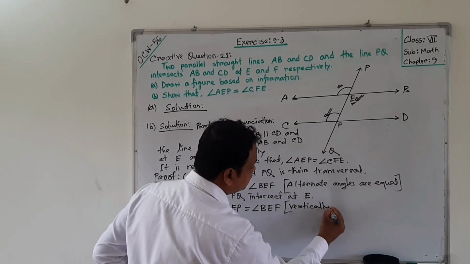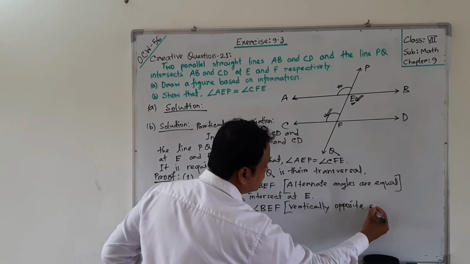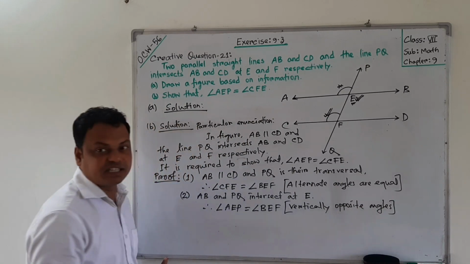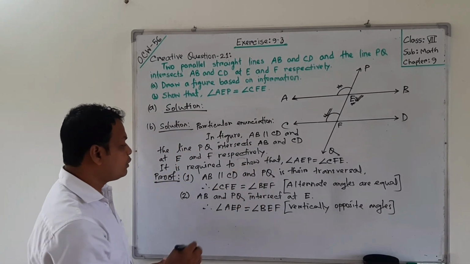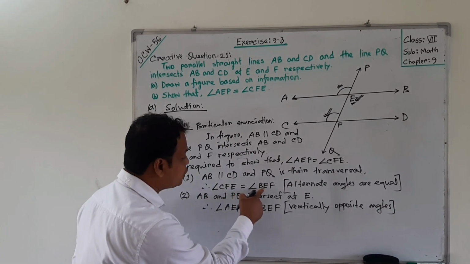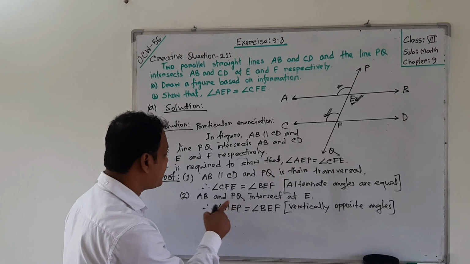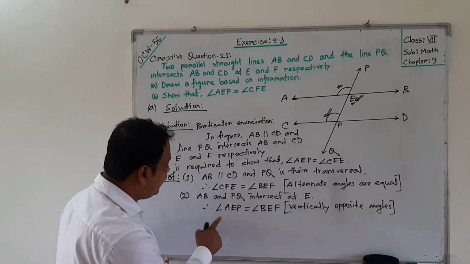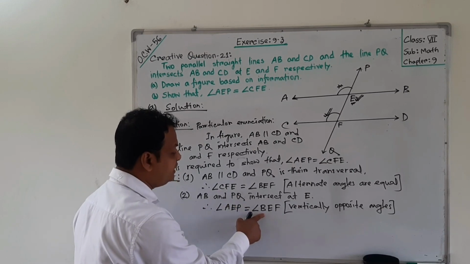Vertically opposite angles are equal. So these two angles are also equal. So look here, CFE equals BEF and AEP equals BEF. So from here we can write CFE equals AEP, or angle AEP equals angle CFE. You can put the value of BEF also.